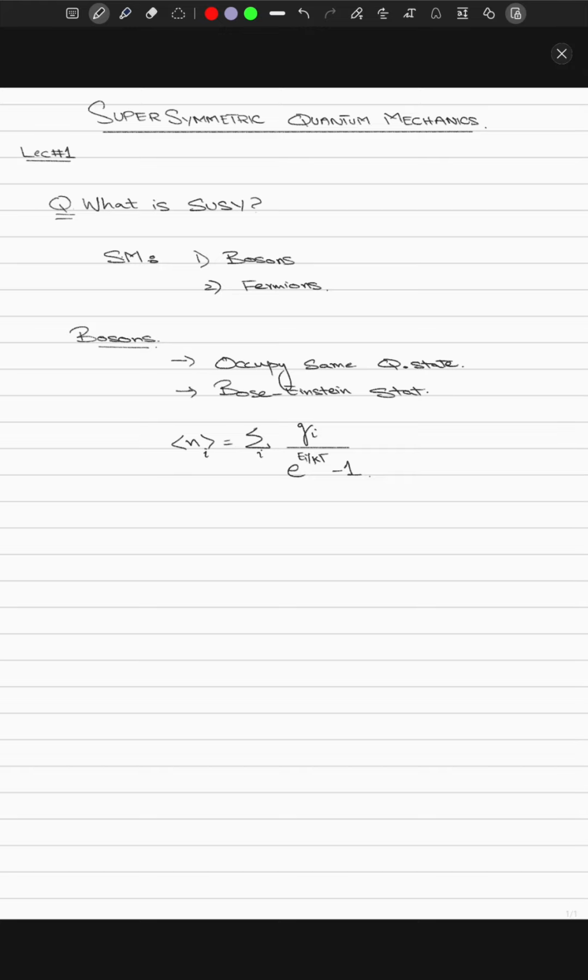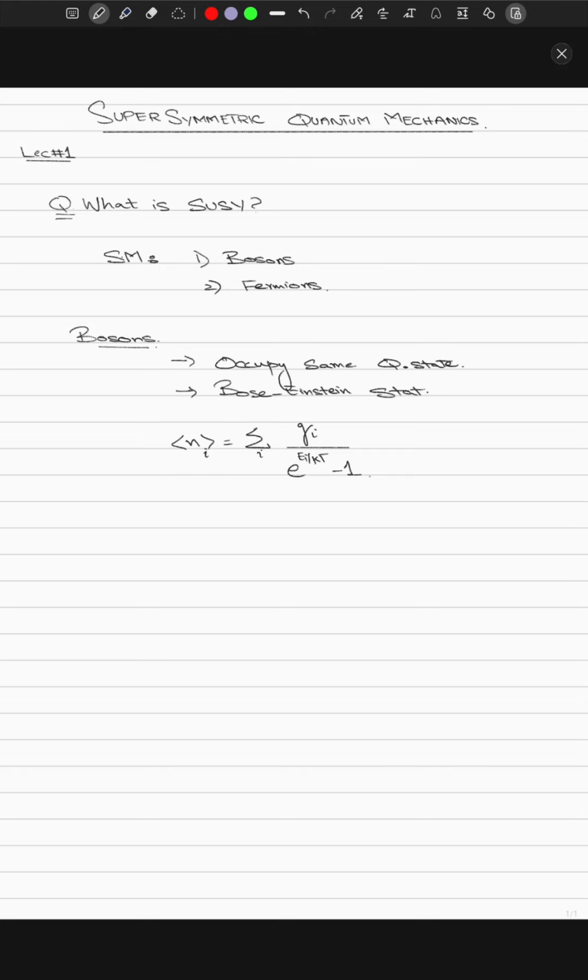This is also known as the expectation value of the number of bosons at energy e_i. You know all the terms over here, right? k is the Boltzmann constant, T is the temperature, and g is the degeneracy factor.